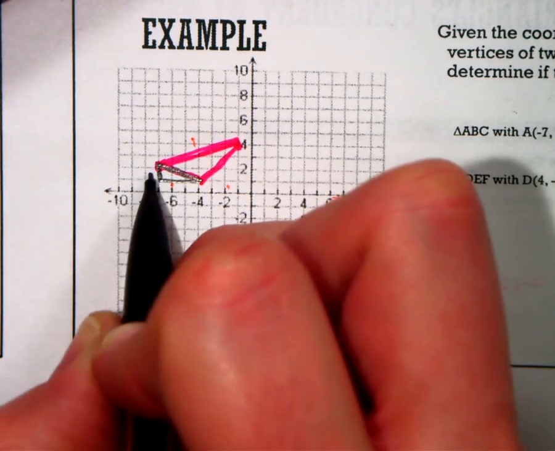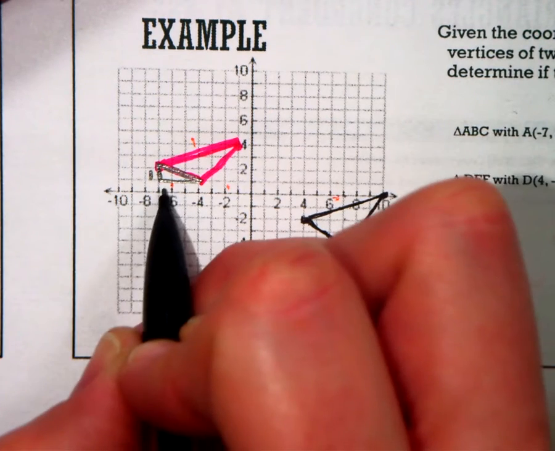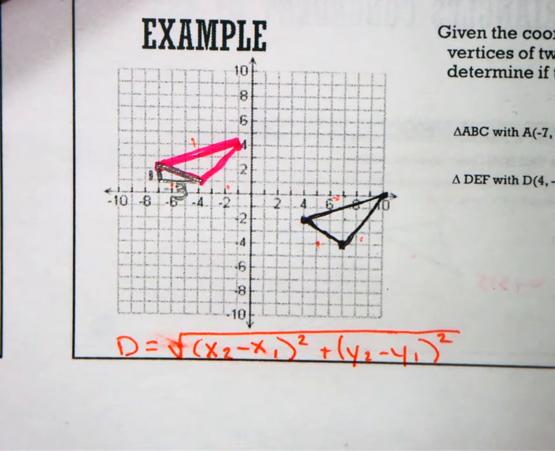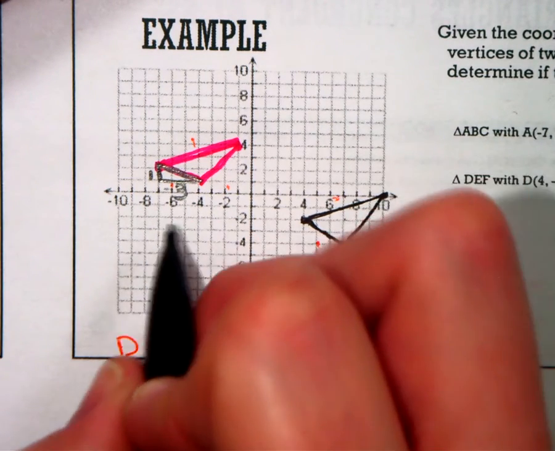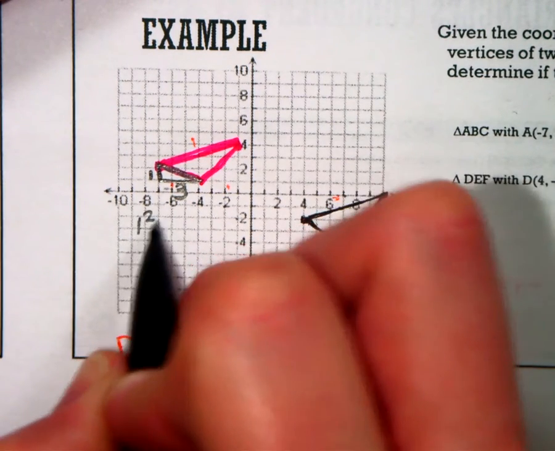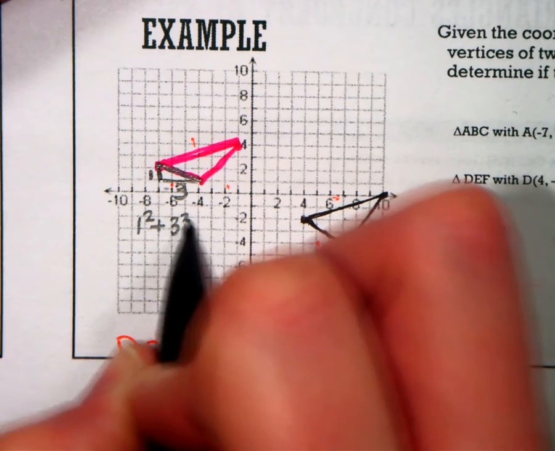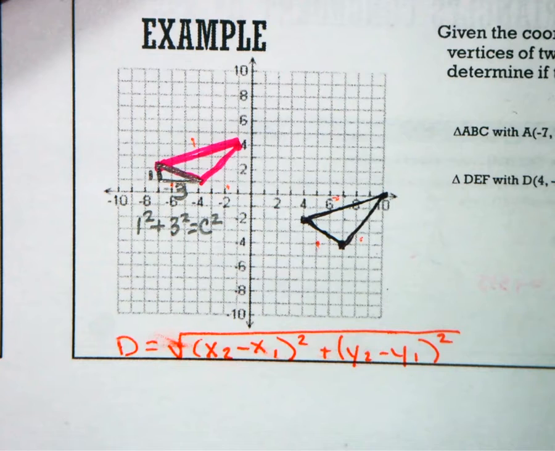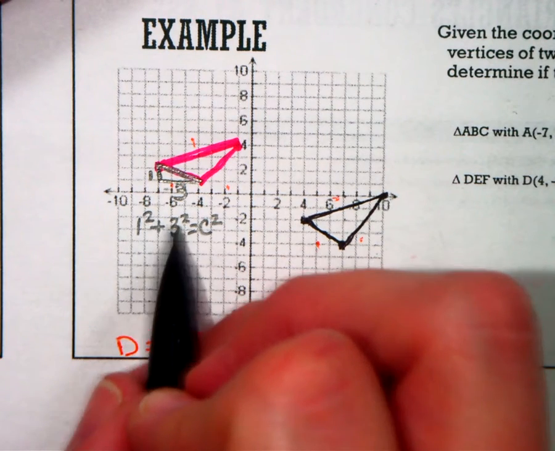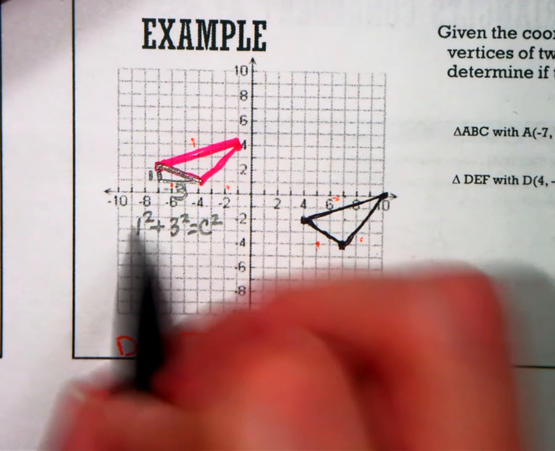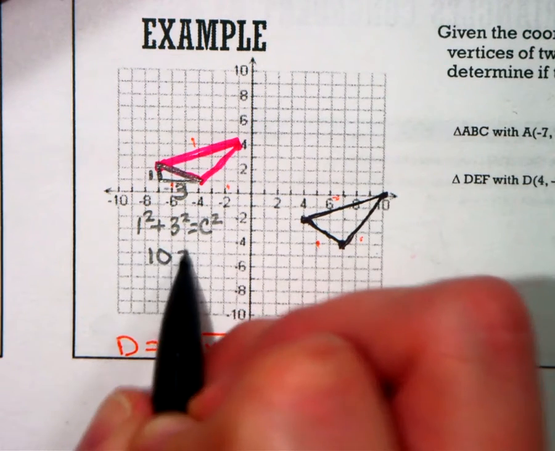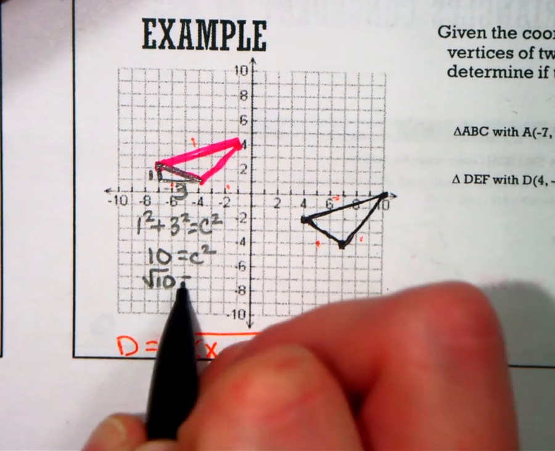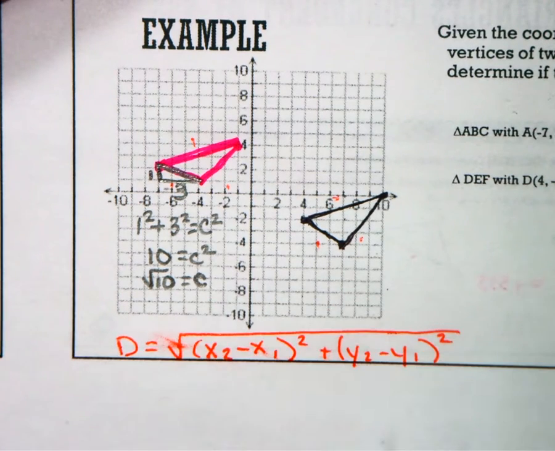This side is 1 box. This side is 3 boxes. So to find the length of that side, I do 1 squared plus 3 squared equals c squared. 1 squared is 1 plus 3 squared is 9. So 9 plus 1 is 10. So 10 is equal to c squared. So the square root of 10 is the length of that side.